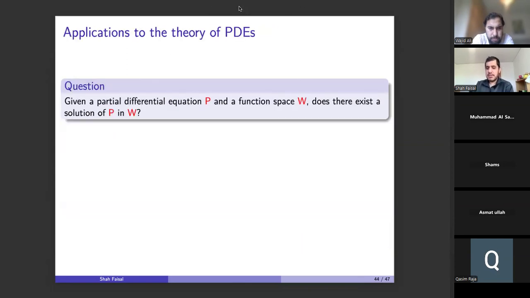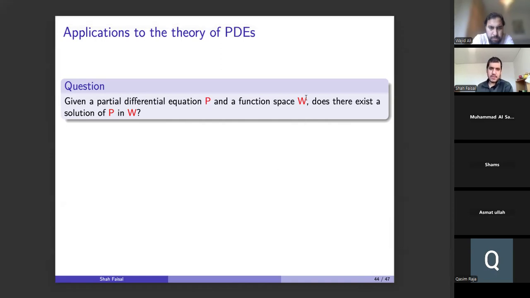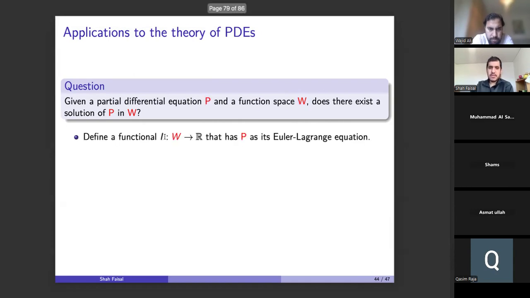Now you can use direct methods to solve PDEs. I mean, in the classical method, you use PDEs to find minimizers, but you can go the other way around. You can now solve PDEs by using direct methods. So do the following. Consider a partial differential equation, which I call P, and a function space W where you want to find a solution for it. Now the idea would be the following.